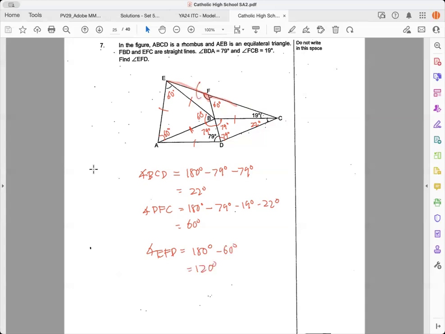So this is 120. That's the answer. Okay. Question number 8.